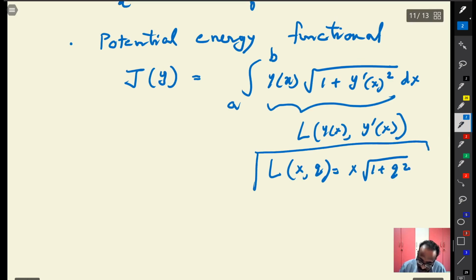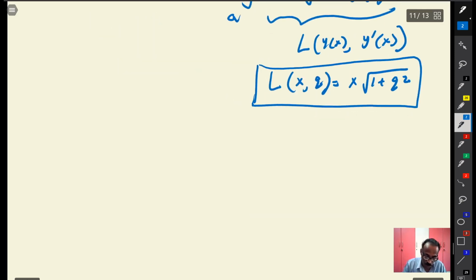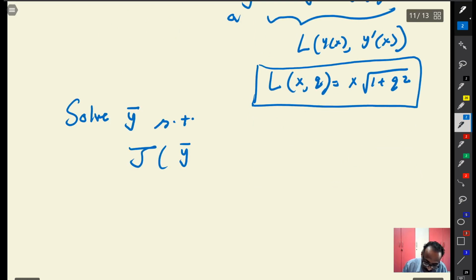I told you the q comes as a velocity most of the time. So you want to find y bar such that J of y bar is equal to the minimum of J of y over smooth curves.